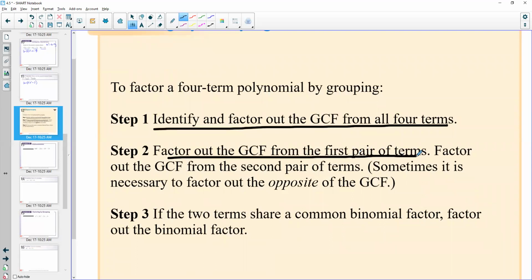We make groups. That's hence factoring by grouping. We factor out the greatest common factor from the second pair. Sometimes we have to factor out the opposite, the negative. It's just to make it work out right, you'll see. If there's a common binomial that's created and that's the goal, factor it out. This sounds crazier than it really is.